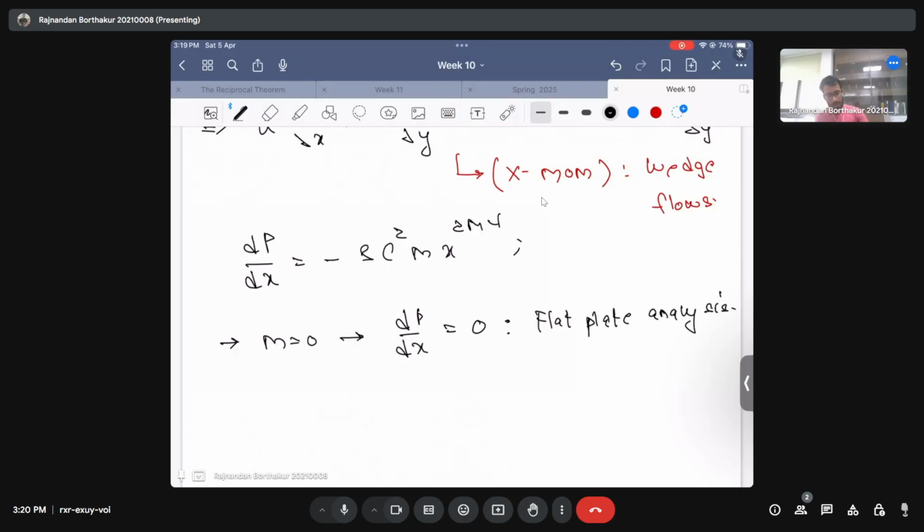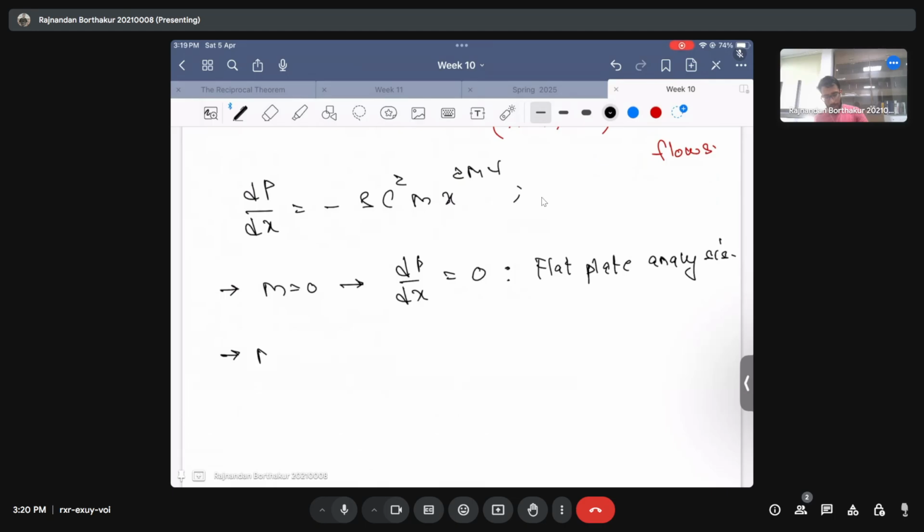Okay, and if m is, see, this x is basically the length of the plate.